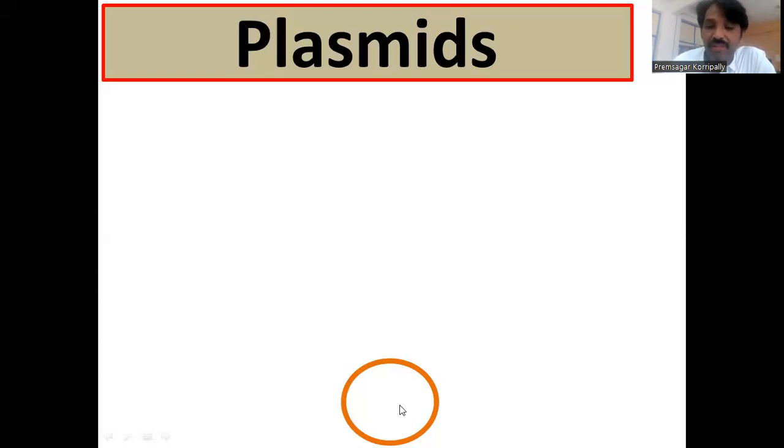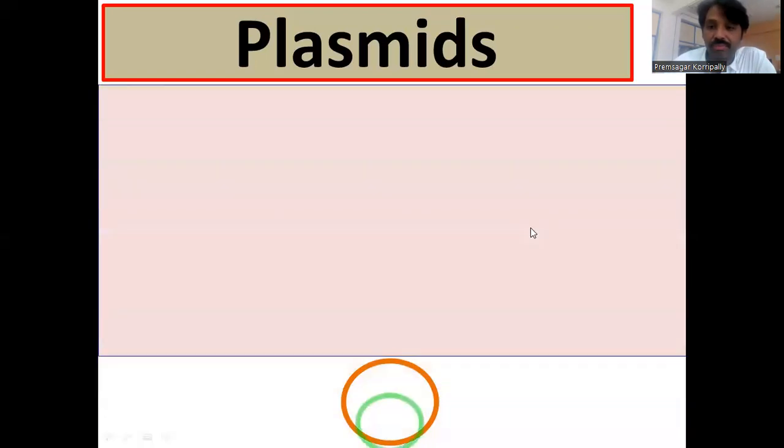If it is double-stranded, then it is a plasmid. You see, this is a covalently closed circular double-stranded DNA molecule, called a plasmid.